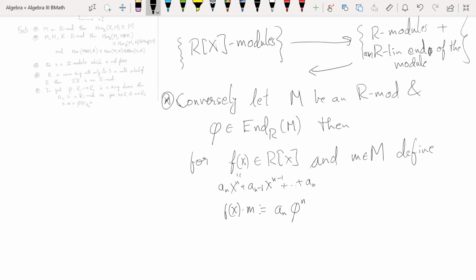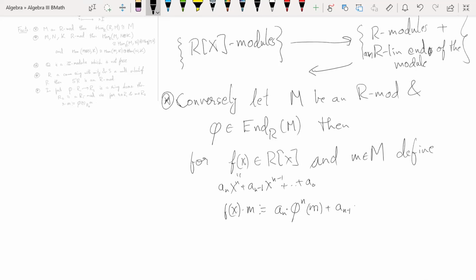So phi to the power n means composition of phi with itself, so it's an endomorphism. Maybe I'll write it in the next step. And then you evaluate it at m, plus a_{n-1} times, so a_{n-1} is an element of R, so this makes sense.